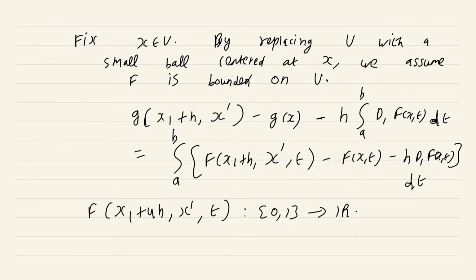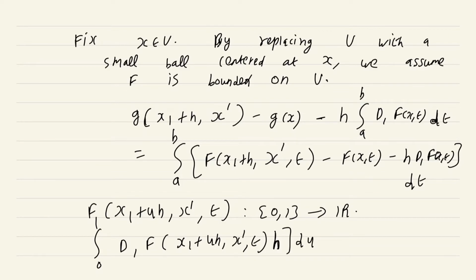Okay, now if you differentiate this function, remember it's a function of u, it's a one variable function, you will get, by the chain rule, d1 of f of x1 plus uh comma x prime comma t, and because we applied the chain rule, you will get into h. Okay, this will be the derivative of this function. Consequently, if I integrate this from 0 to 1 du, the derivative and the integral will just vanish.